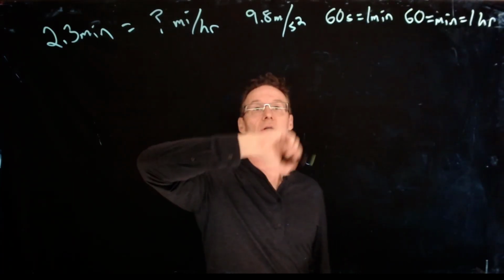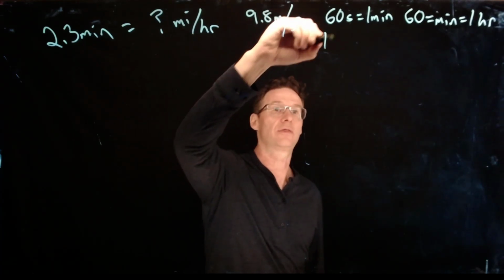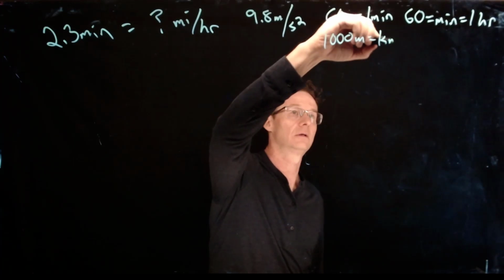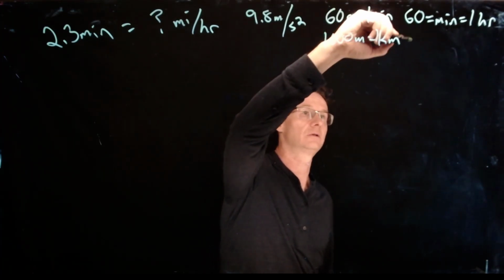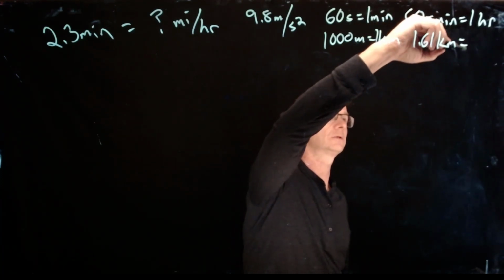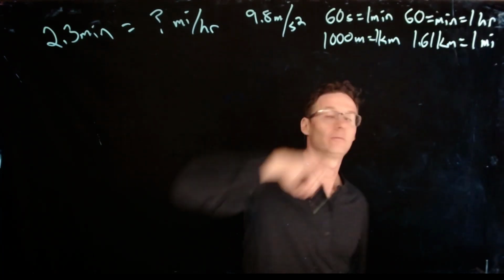And we know that there are 1,000 meters in a kilometer, and that 1.61 kilometers equals 1 mile.